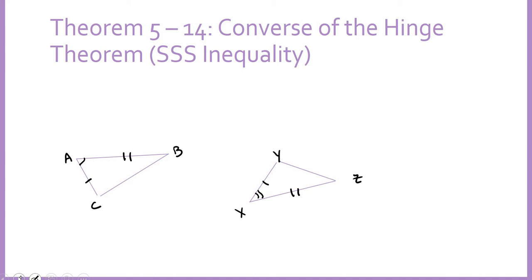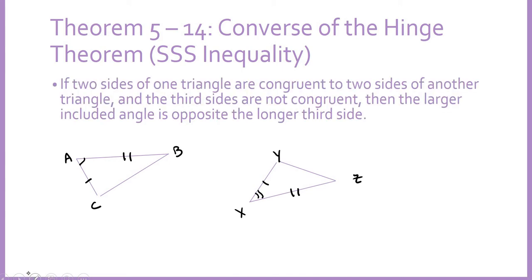Theorem 5.14, the converse. So now, same thing, if two sides of one triangle are congruent to two sides of another, and the third sides are not congruent, then the larger included angle is opposite the larger third side.